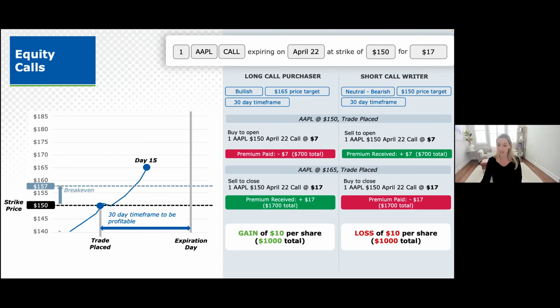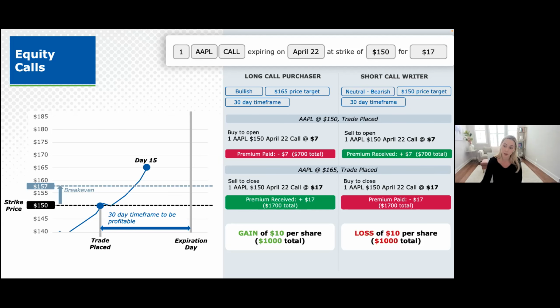So let's say it's day 15. And this is important to look at prior to expiration and at expiration because of that time value component. So Apple's at 165. So that means that the contracts are at 17. That's great for the long call holder because it rallied more than that $7, which is what we were looking for.